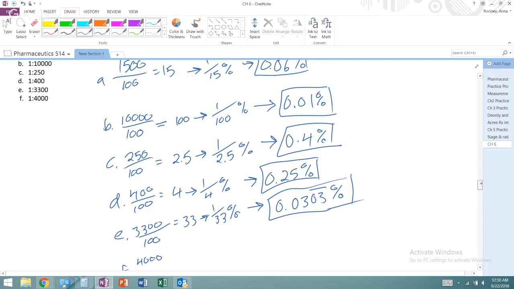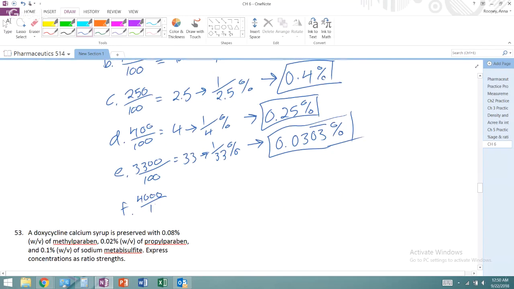This one. Okay, since it has one more zero, that would be 0.025%.